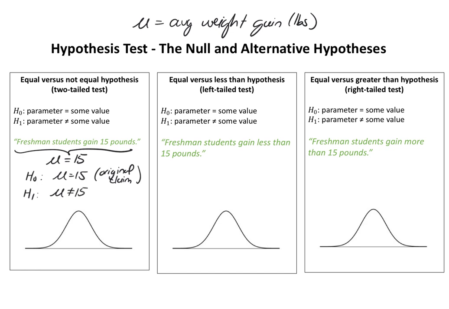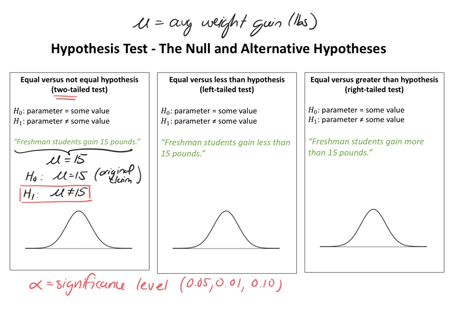Anytime you have an alternative hypothesis that contains the not equal sign, this always means you have a two-tailed test, where alpha is your significance level. We typically test a claim using common significance levels like 0.05, 0.01, or 0.10. Those are common, but they're not the only ones.